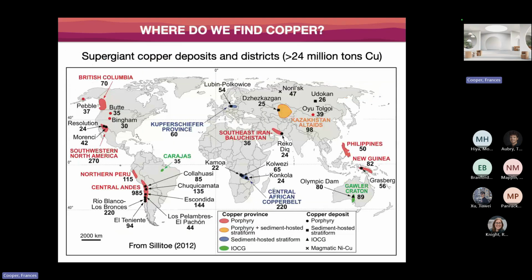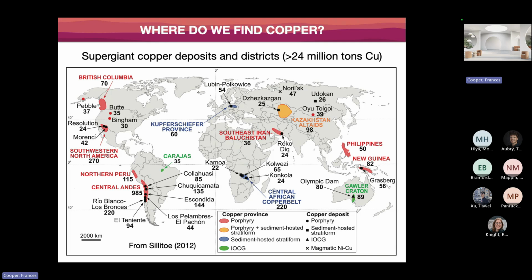So where do we find copper then? We need more of it. Where do we find it? This map here from Sillitoe 2012 shows some of the major copper generating regions in the world. And these are mostly the super giant copper deposits and districts that have more than 24 million tons of copper. And the vast majority of the copper that we use comes from what are known as porphyry copper deposits.